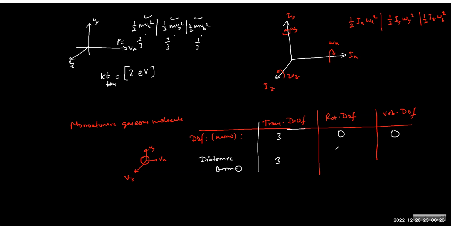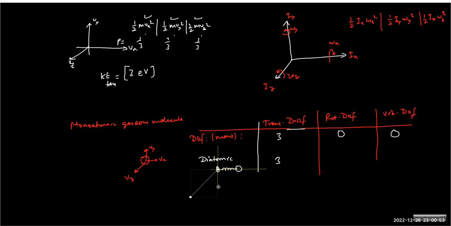How many rotations can you think of? 2. Why not 3? Sir, because the last one, when it rotates about the axis through which it is connected, is the same as the monoatomic gas.